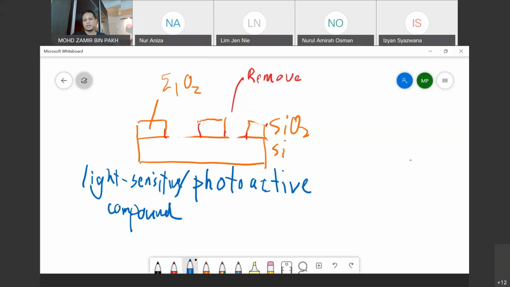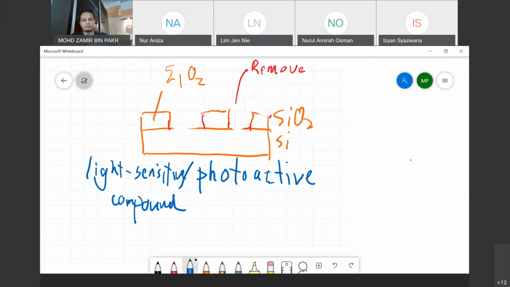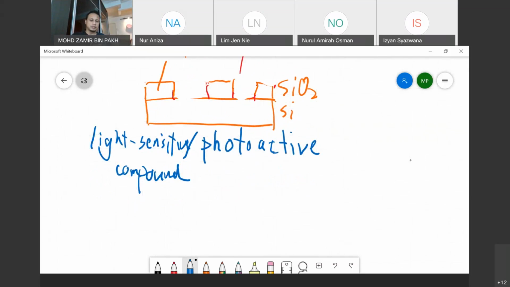Okay, so is SiO2 a light sensitive compound? SiO2 bukan light sensitive compound, so therefore it cannot react to the wavelength of exposure during the litho process. And this actually goes back to why do we use the yellow light as well? Why do we use the yellow light?